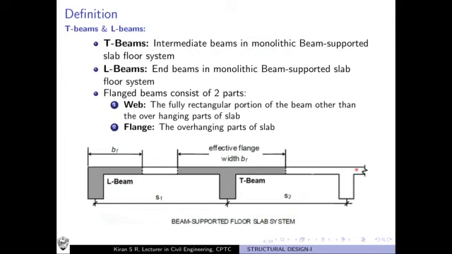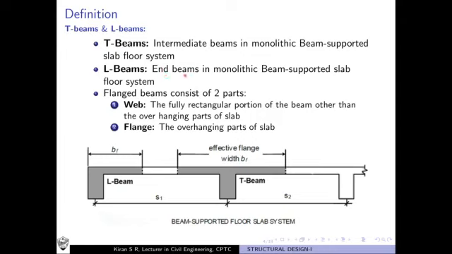The next one, this is another T beam, and likewise the intermediate beams will behave as a T-beam. But the ones at the ends of the floor slab system, like this one, this is at the end, you don't have any portion of the slab on this side. So this will behave as a L-beam. So we call it by the name L-beam.